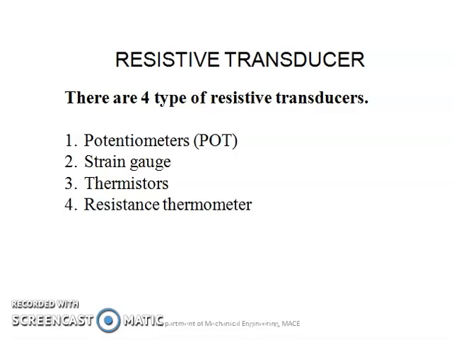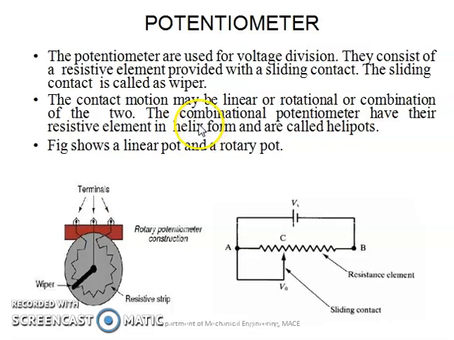One is potentiometer, second is strain gauge, third is thermistor, and fourth is resistance thermometer. We will see them one by one. One type is potentiometer. As we know, potentiometer is used for measuring voltage division, and its construction consists of a resistive element provided with a sliding contact.